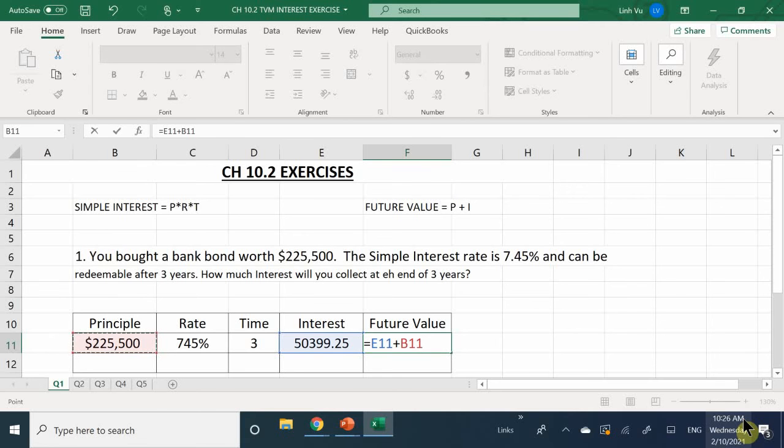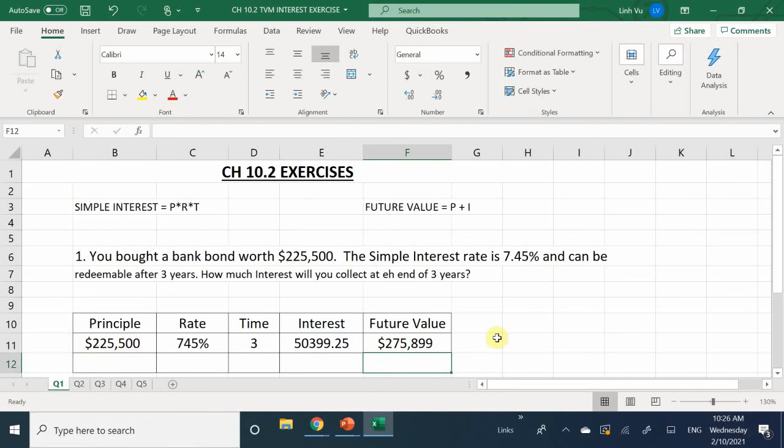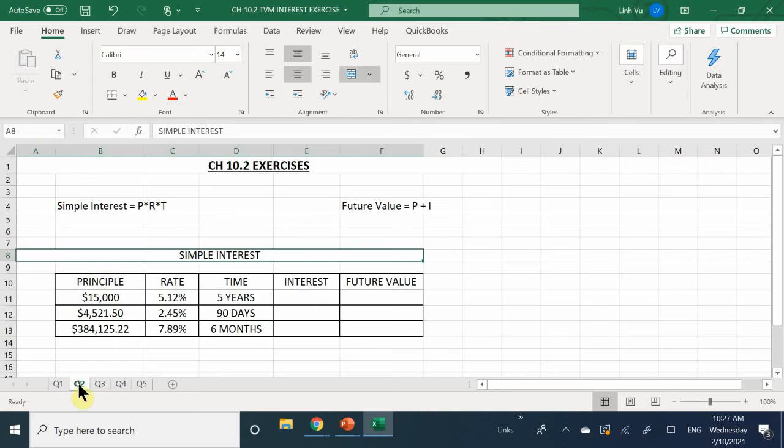So in 3 years, how much is this bank bond going to be worth? I have 275,899. Good. Yes, and then of course, I have to extend this out just a bit. There you go. 0.25. Good. All right. Straightforward. This is pretty easy.